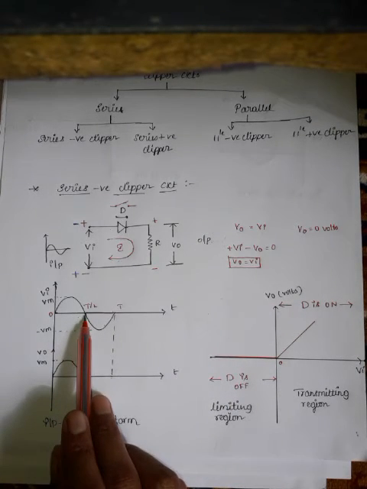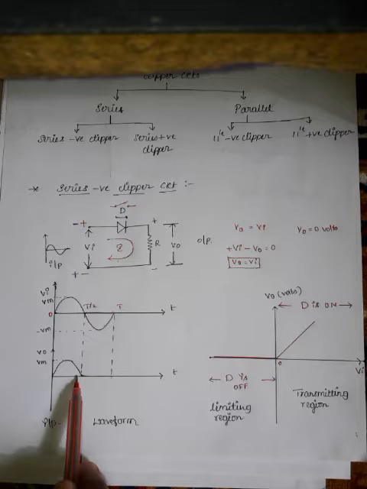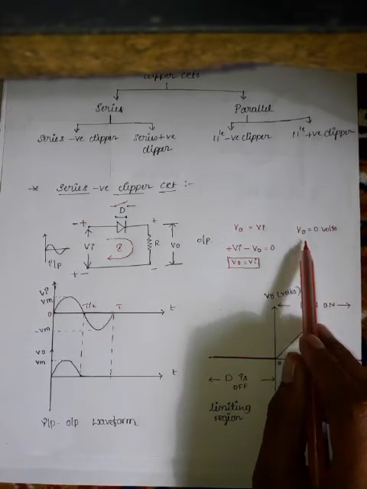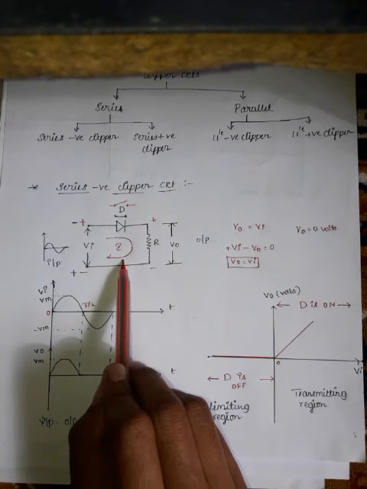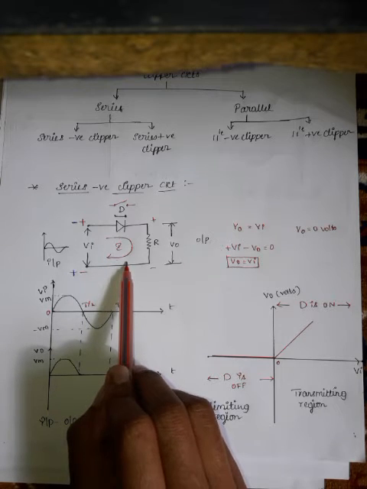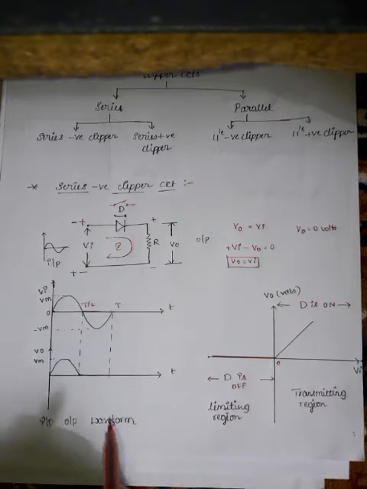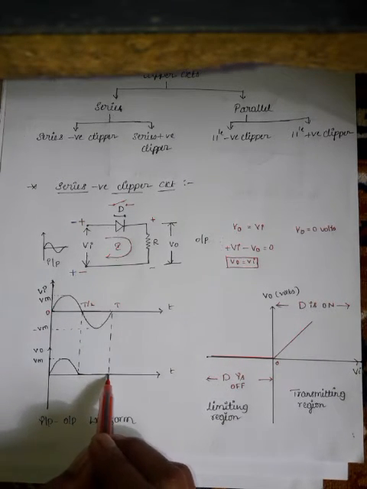Whatever waveform we have during the positive half cycle, the same thing will appear across the load resistor. During the negative half cycle, the diode is in the off condition, therefore the circuit will be in the open circuit condition. So the current in the circuit is 0, therefore the output voltage V naught will be equal to 0.